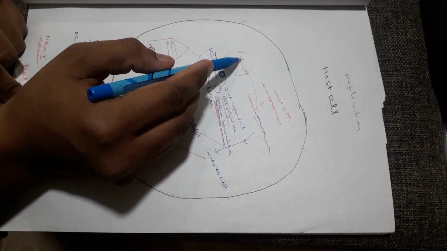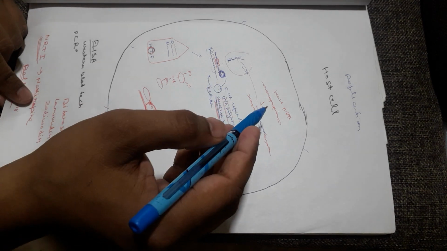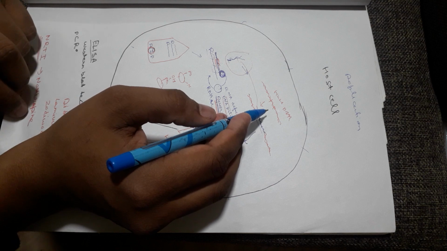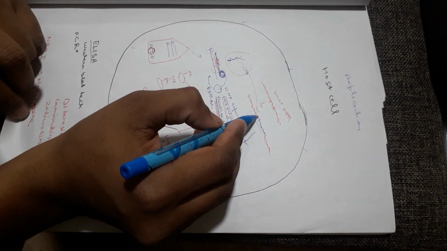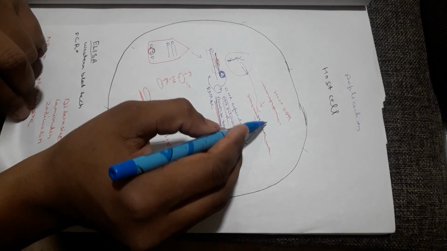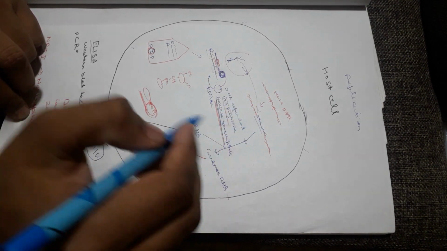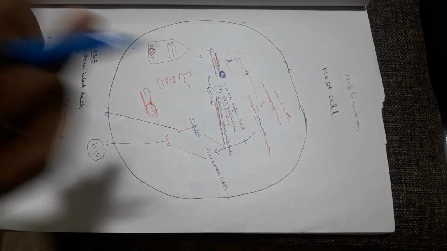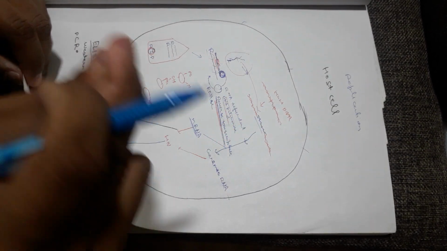After that, with the help of the integrase enzyme, the DNA molecule of HIV enters into the genome of the host cell, and after entering, it forms some proteins. See here, these proteins are very important.